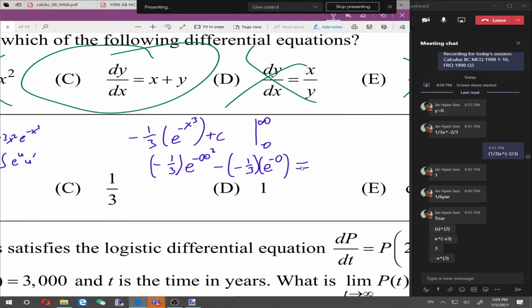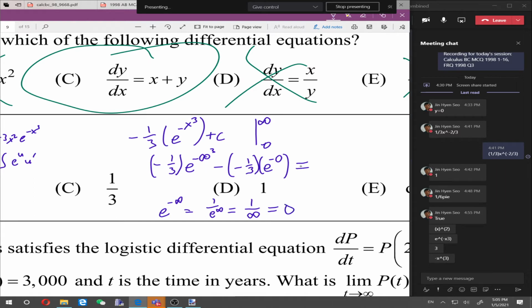My power will become negative infinity, but if I raise e to the negative infinity power, what does that become? Oh, e to the 0. e to the negative infinity power is the same thing as 1 over e to the positive infinity power, which is... what will this approach? 0.